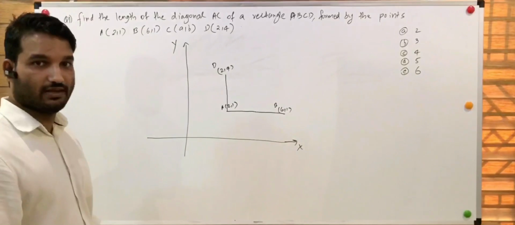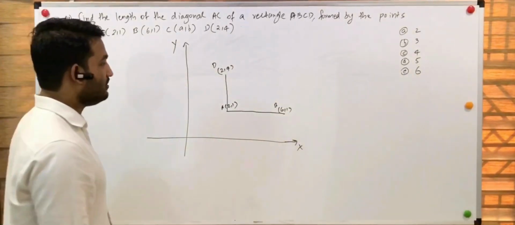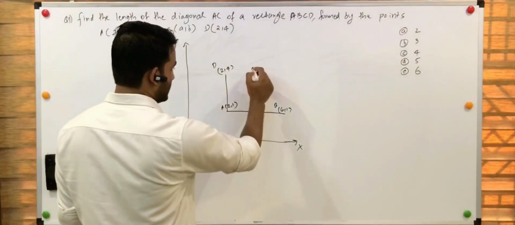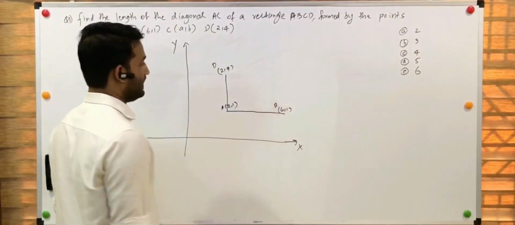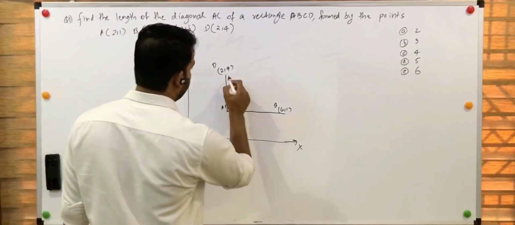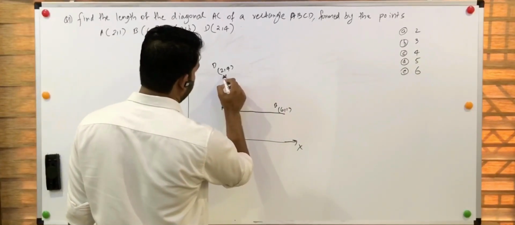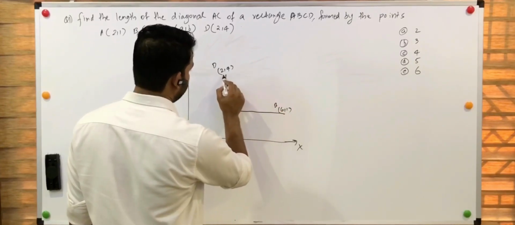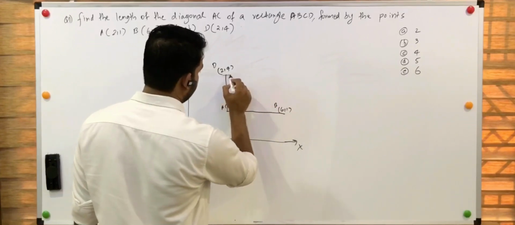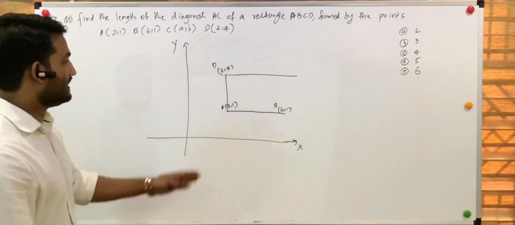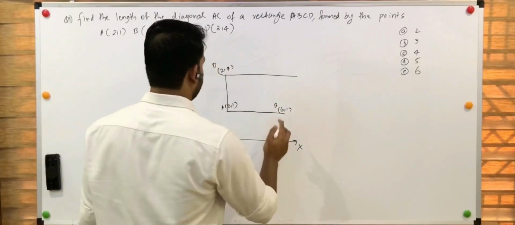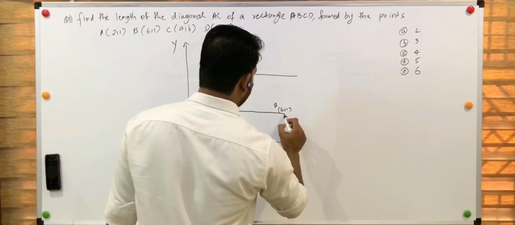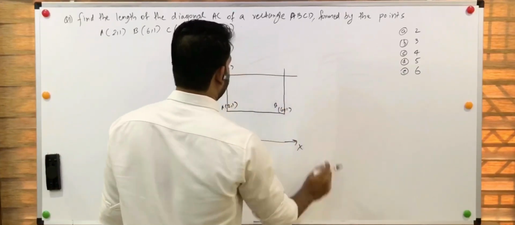So how do we locate the point C? We know the property of a rectangle: opposite sides are parallel. So we can make a horizontal line from the point D parallel to AB. Similarly, we can make another line parallel to AD from the point B in this direction.